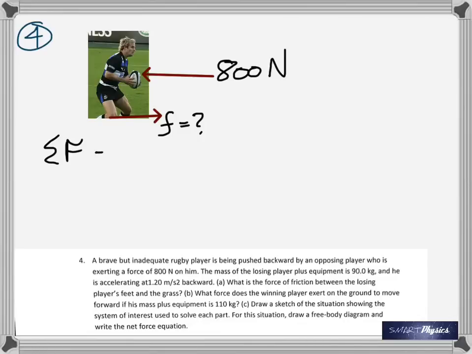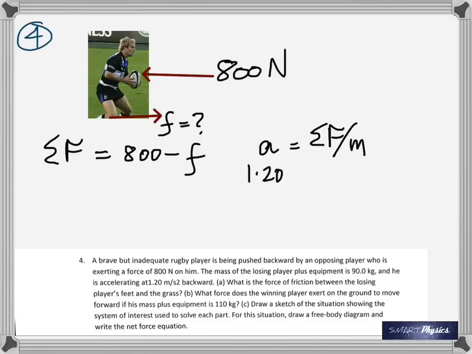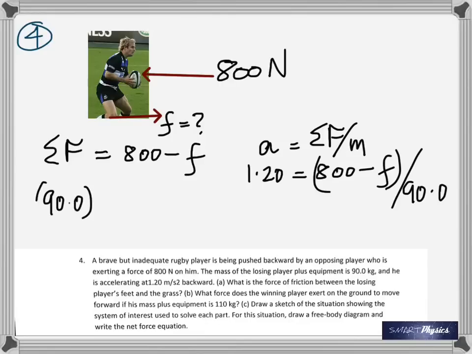Okay. Therefore, the net force is mass times acceleration, his. And in this case, we know the net force is 800 minus F, and acceleration is net force divided by mass. Therefore, when you plug it into that equation, 1.20 is 800 minus F by his mass, 90.